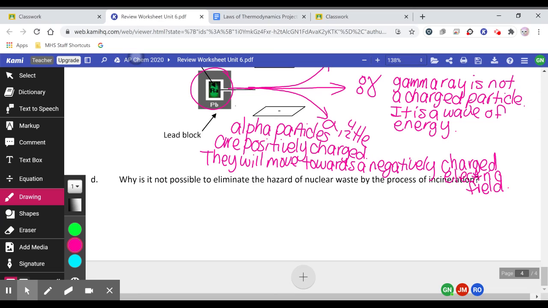What kind of process is our nuclear radiation? Where is that occurring? Yeah, it involves our protons and neutrons, right, which are in our nucleus. So if we just burn nuclear waste, it's not going to stop the radiation. Now we're just going to have all this radioactive smoke, right? And that's bad.